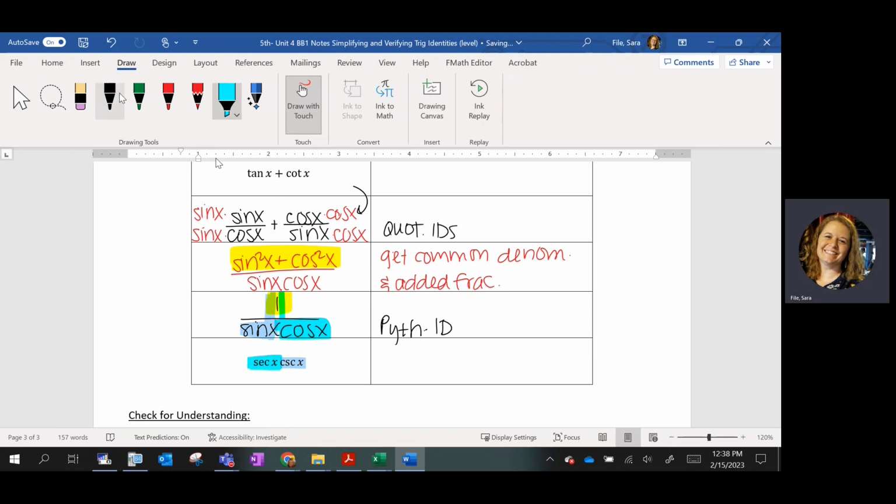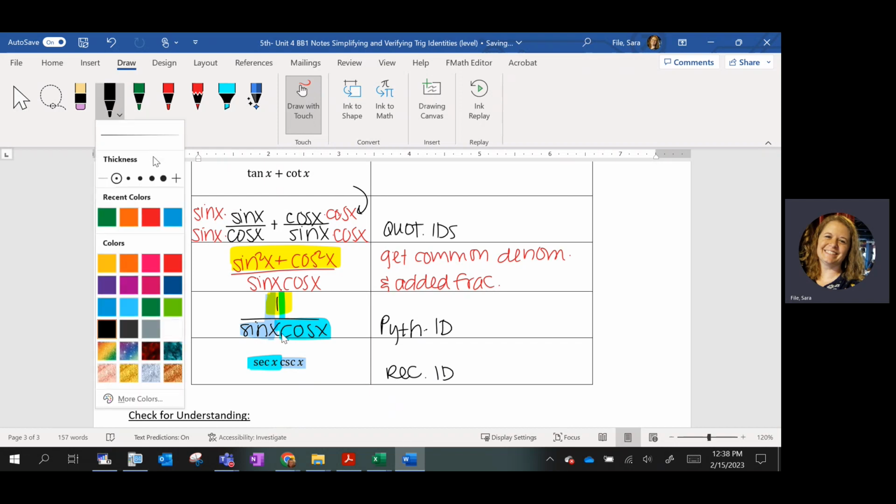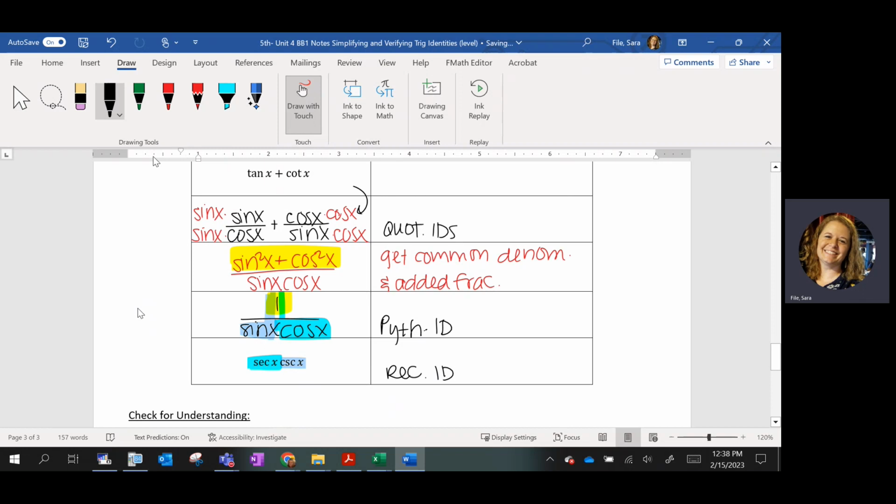So they just did two reciprocal identities there. If you wanted to do them separately, you could. If you needed the visual of separating the fractions, if you needed to see 1 over sine times 1 over cosine written that way, to see that the 1 is over both of those denominators and they're being multiplied, you can draw that. You could have done that in an extra step if you needed to, but that's what's happening there.